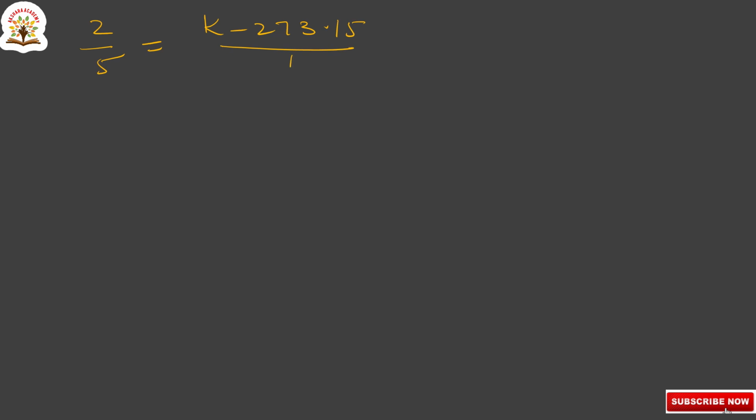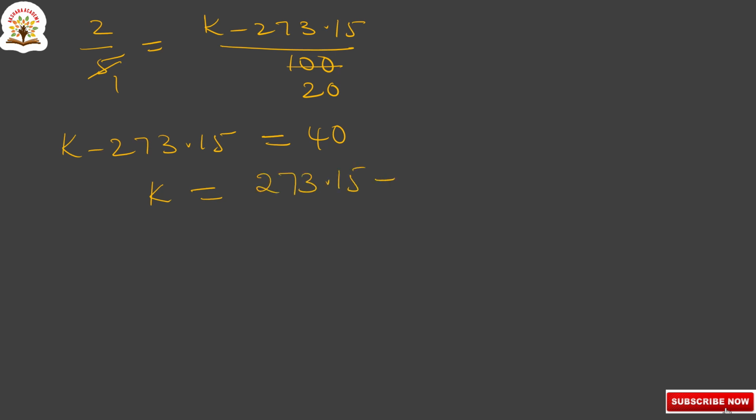Next, here 2 by 5 is equals to K minus 273.15 by 100. Now 5 ones are 5, 5 twos are 10, 0. So K minus 273.15 is equals to 2 twos are 40. So K is equals to minus becomes plus, 273.15 plus 40.